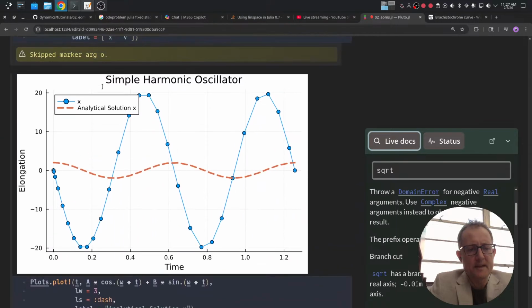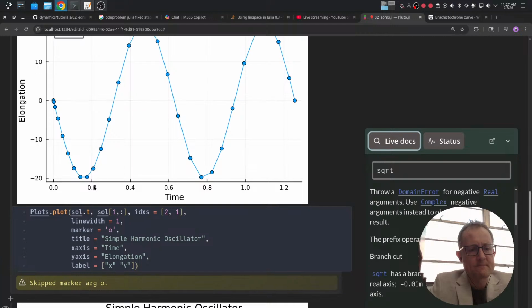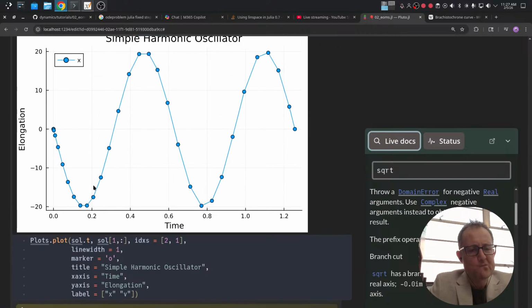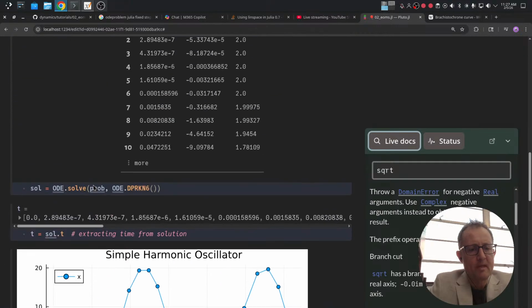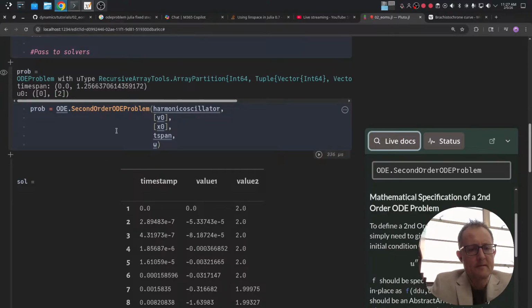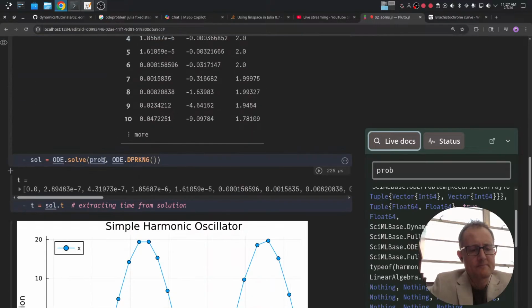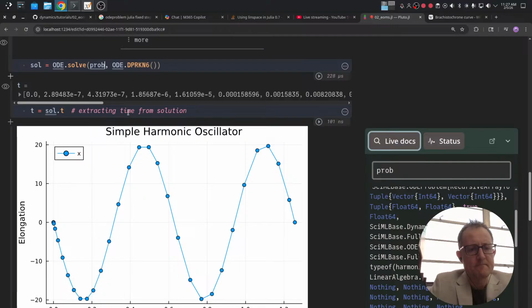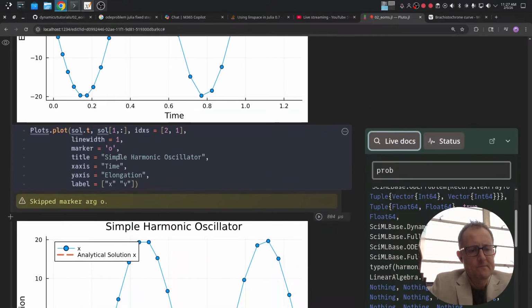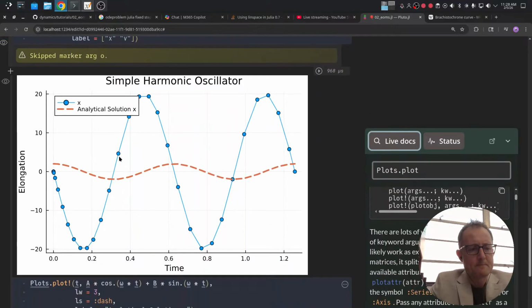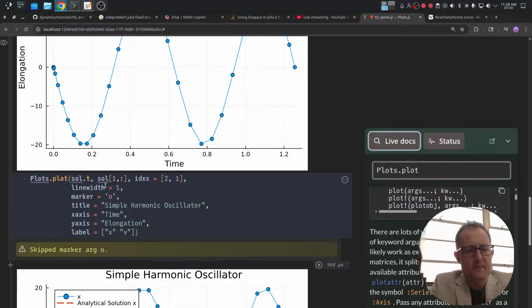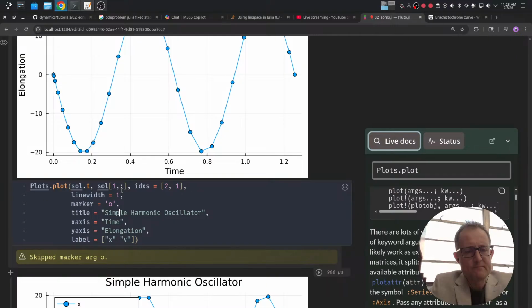And it should update, right? Yeah, it's weird, because this looks more like the velocity in here.